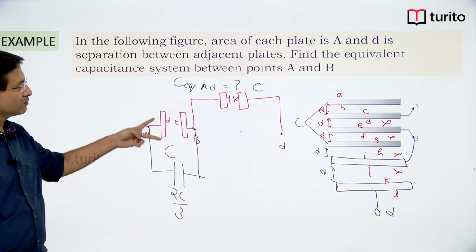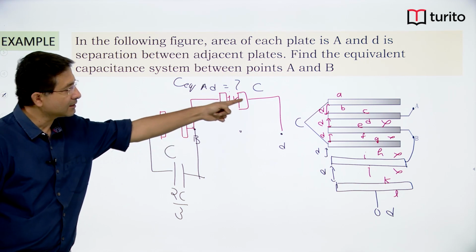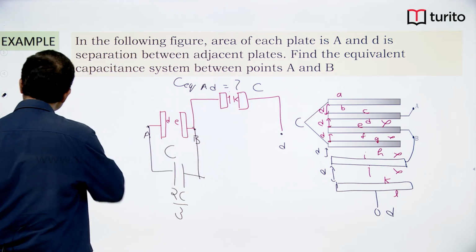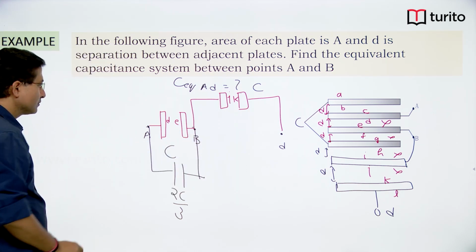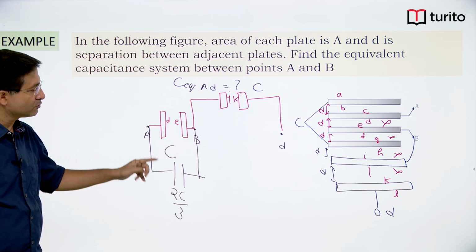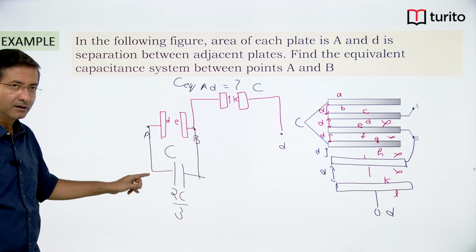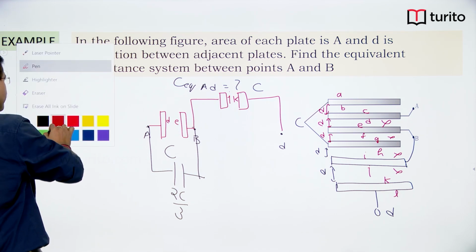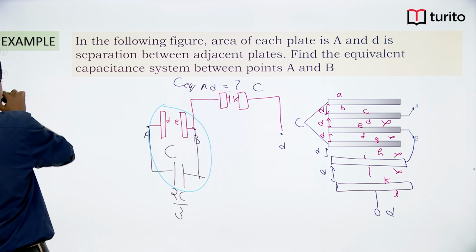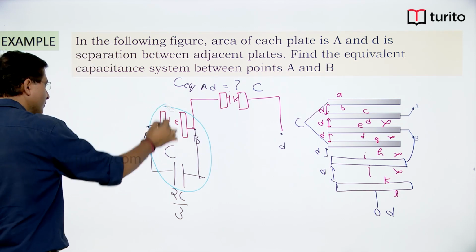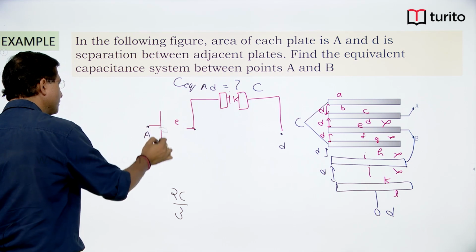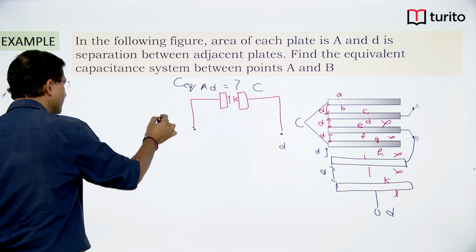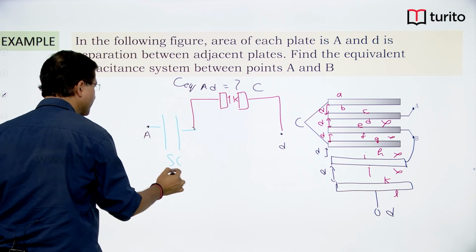Now I can see that these two are connected in parallel and then this is connected in series. These two are connected in parallel. So C plus 2C by 3 will give you 5C by 3. So this whole thing will become 5C by 3.